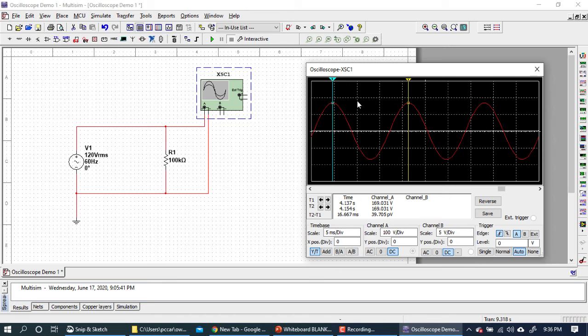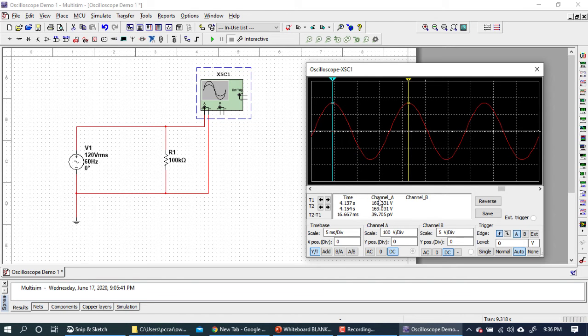Now from this tall peak to this tall peak is considered one cycle. Start there, we go negative down to the negative peak, we come back up, and then the process would repeat again. So that would be one complete cycle. So now the time in between these cursors would represent the period of this waveform.